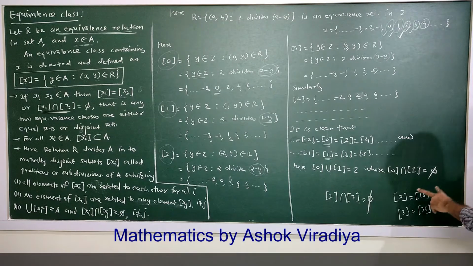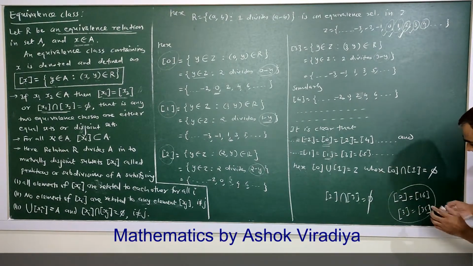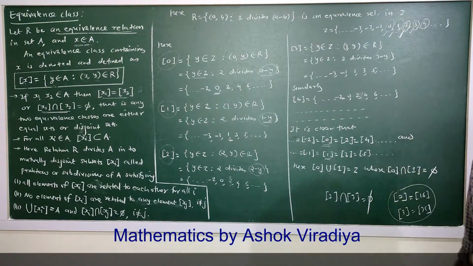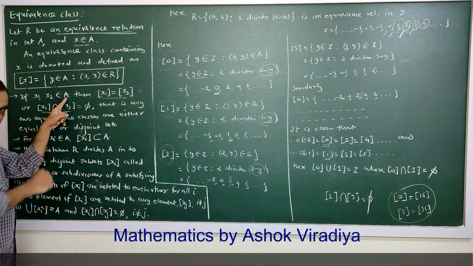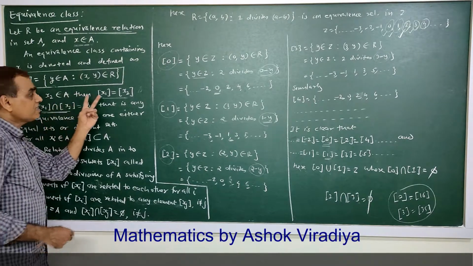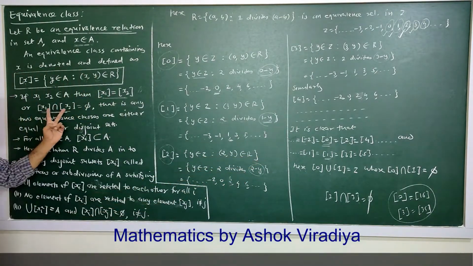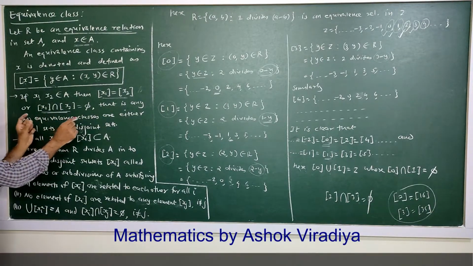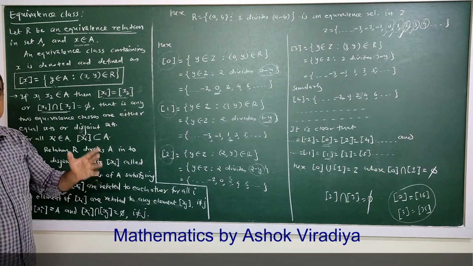So if x1 and x2 are both even or both odd, then these sets are equal, otherwise the intersection is empty. So that is the statement: x1, x2 belonging to Z, two integers, then either the equivalence classes are equal or the intersection is empty. That is, any two equivalence classes are either disjoint or equal sets.